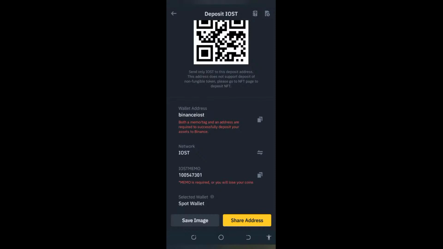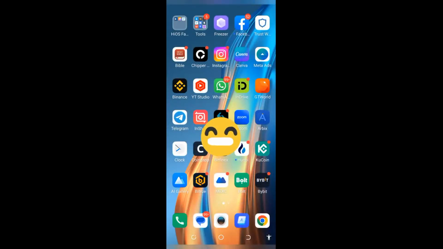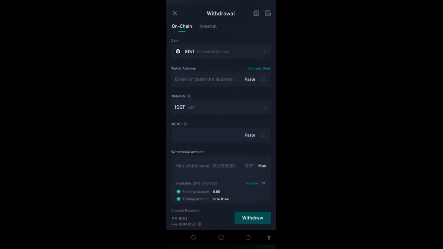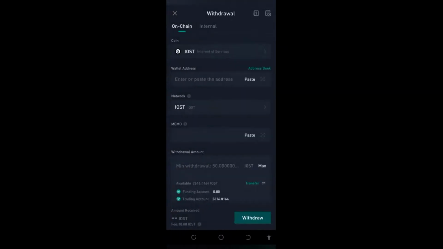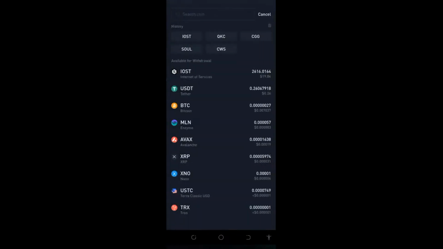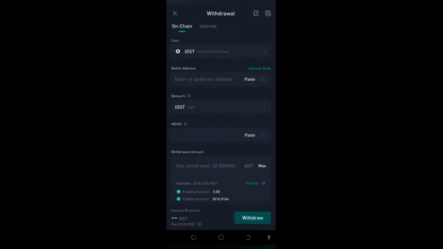Wallet address. It says Binance IOST. That's interesting. Well, I think I still copied the right thing. I don't know why it's looking like that. It was looking funny to me. Of course, if it was wrong, it wouldn't allow me to paste it. Okay, it looks like it's right.